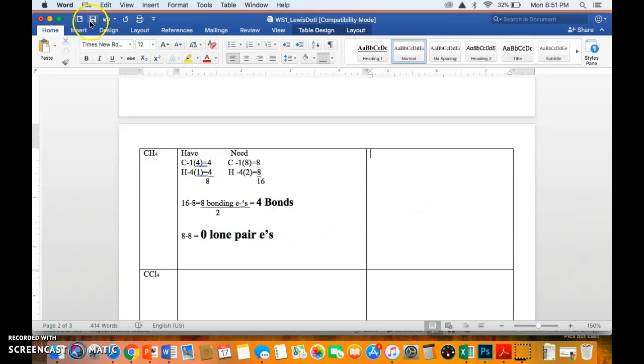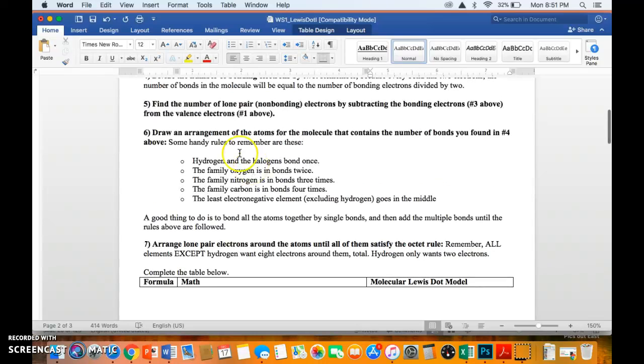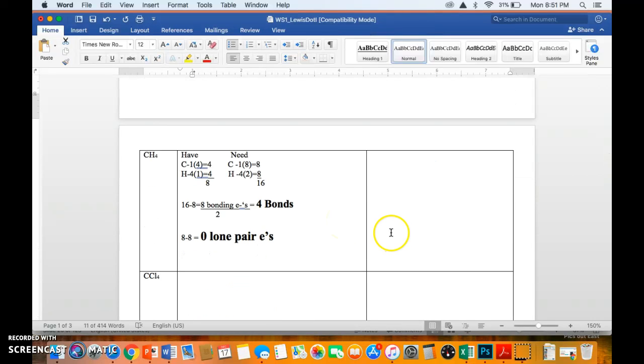To draw the structure, I'm going to put my least electronegative element in the middle. Draw an arrangement with your least electronegative element in the middle. So my least electronegative element, excluding hydrogen, in this case would be carbon. So I'm going to put carbon in the middle.